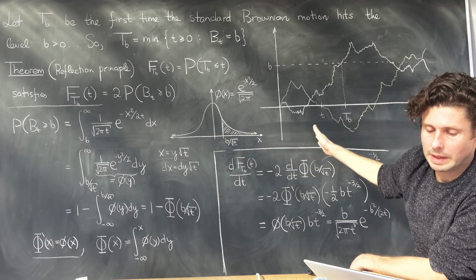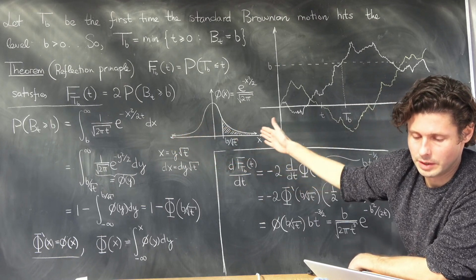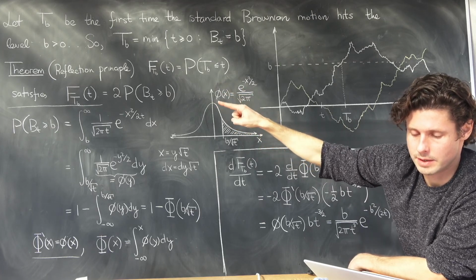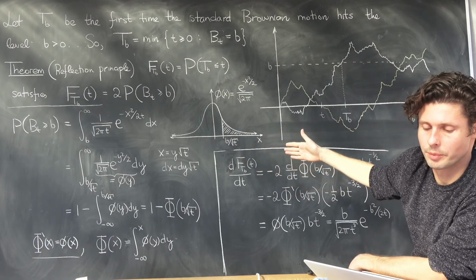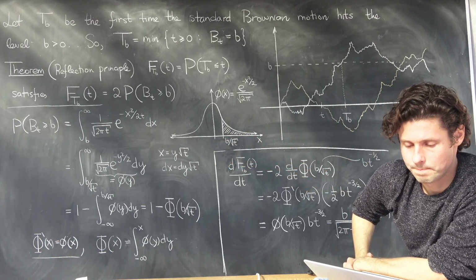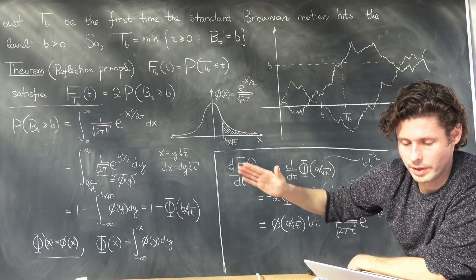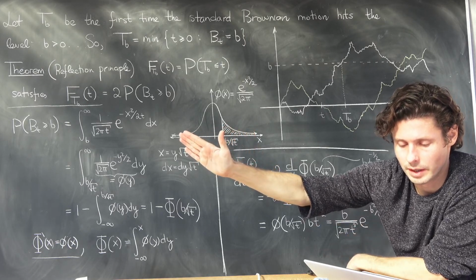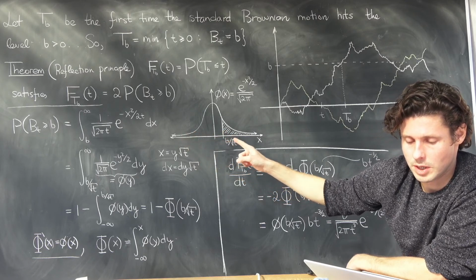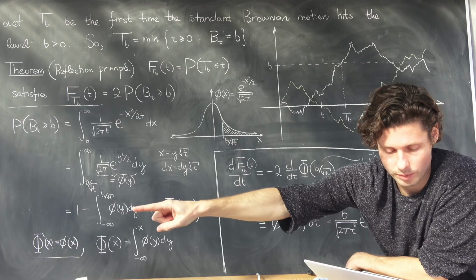I know that the entire integral of phi of x, the standard normal, has to come out to 1 because it's a probability density function. And so the area that I left out that I didn't integrate, 1 minus that, is just the shaded area here, and that's exactly what happens.